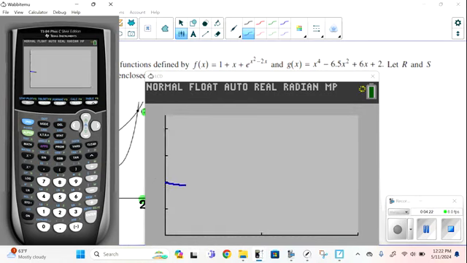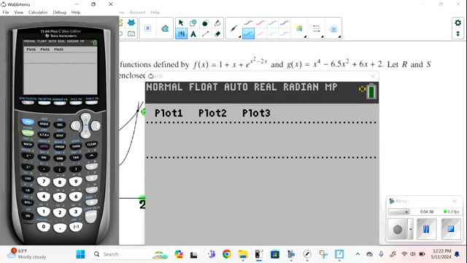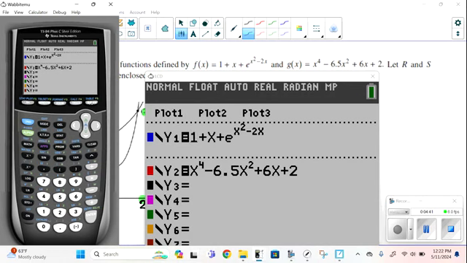Okay, so f of x is the one that starts down and comes up. And g of x is the fancy dippy one. Okay, g of x, and let's make absolutely sure. Yep, g of x is the red one.